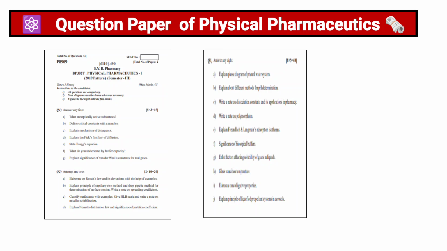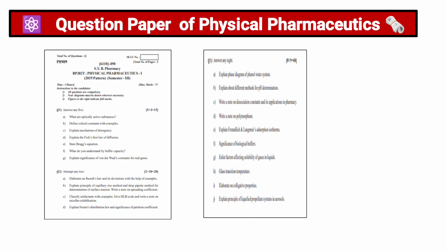Next, 5 mark questions. Explain phase diagram of phenol water system. Explain different methods of pH determination. Write a note on dissociation constant and application in pharmacy. Next, write a note on polymorphism, formation of more than one polymorphic crystal. Explain Freundlich and Langmuir adsorption isotherm, significance of biological buffers.